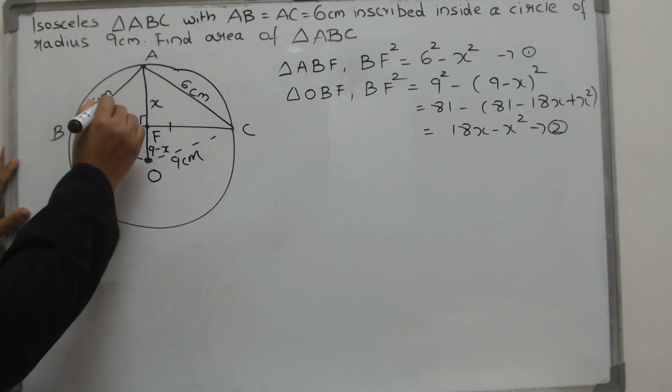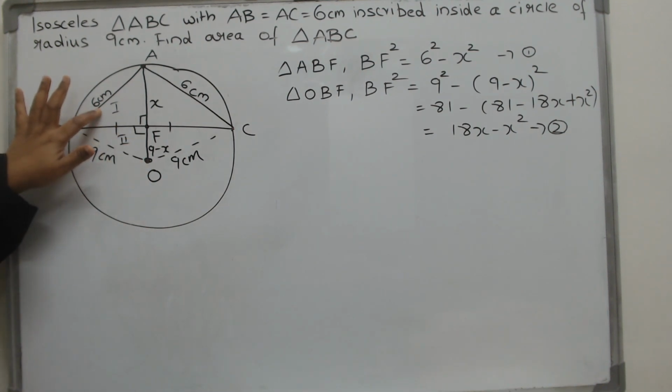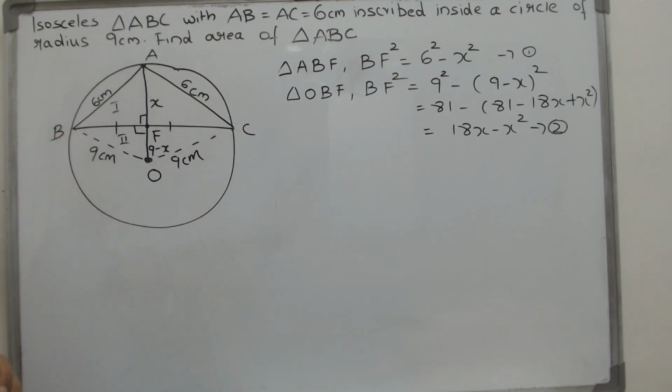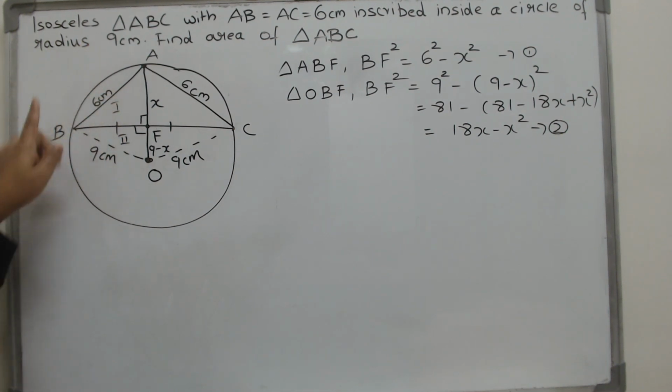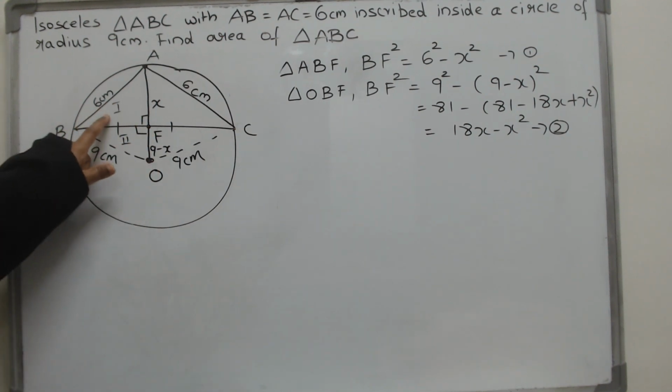Both of these right triangles, which I name 1 and 2, have BF as one of its legs. The leg of a right triangle is the side which is not the hypotenuse. One of the smaller sides is what we call a leg, and these two triangles have BF as one of its legs.